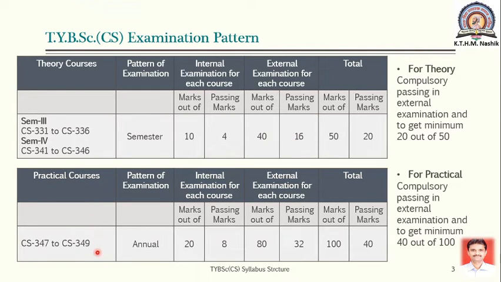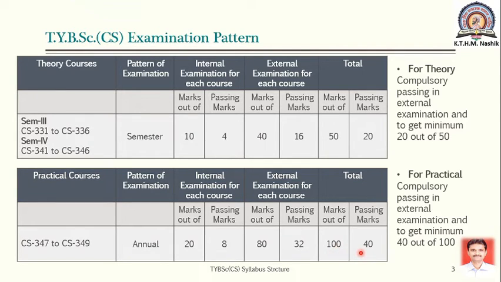Next, for practical courses, examination is conducted at the end of the year. Practical examination will be conducted annually for each course for 100 marks. Out of that, passing marks will be what? 40.